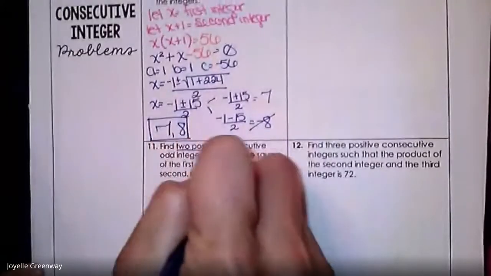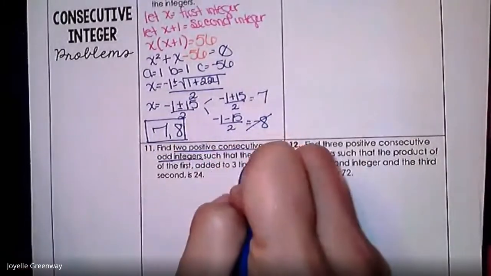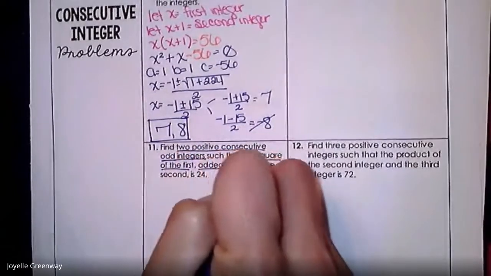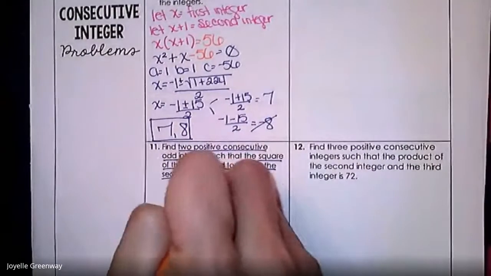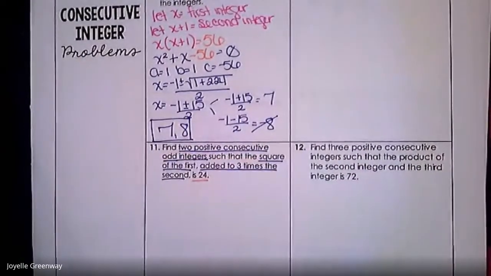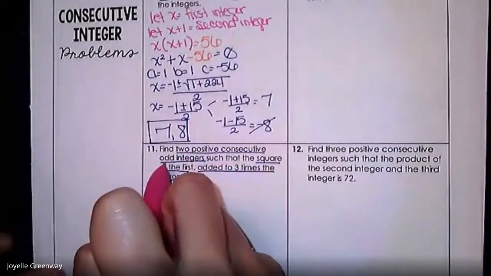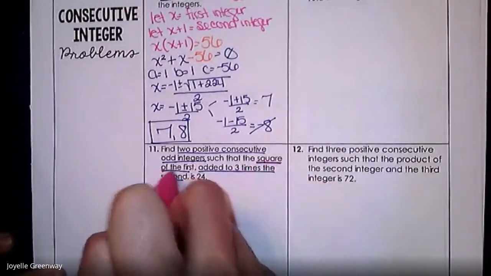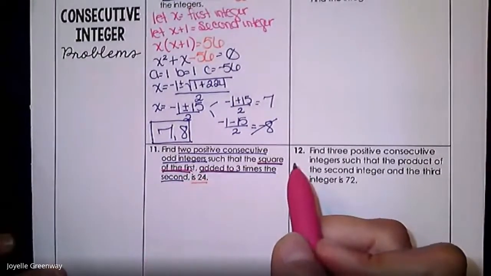So two positive consecutive odd integers such that the square of the first added to 3 times the second is 24.